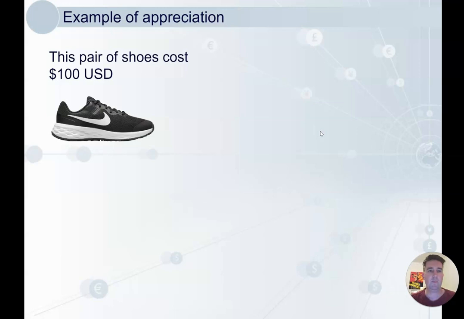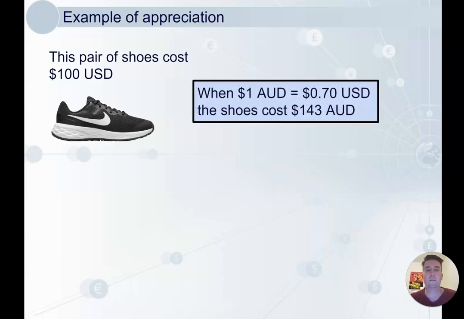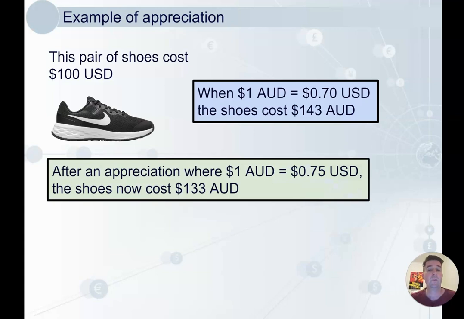Okay, let's look at a couple of examples. So appreciation, this pair of shoes, $100 US. So at the current exchange rate, this $1 buying 70 US cents, these shoes cost $143 Australian. After an appreciation, so let's say 1 Australian dollar equals 0.75 US dollars, right?